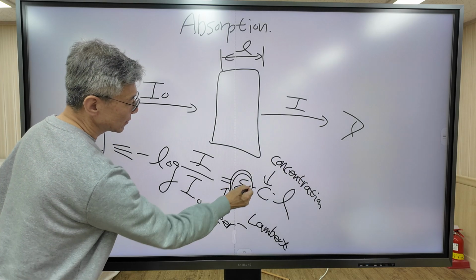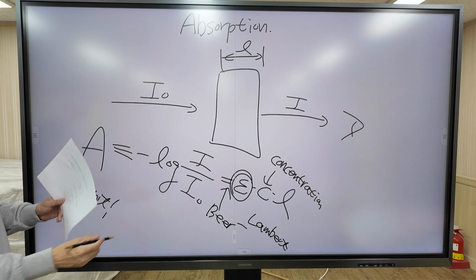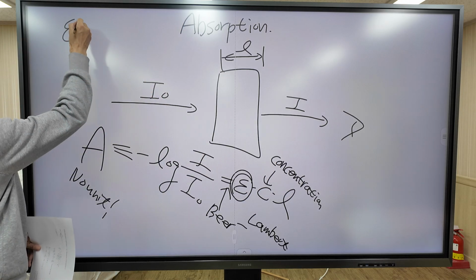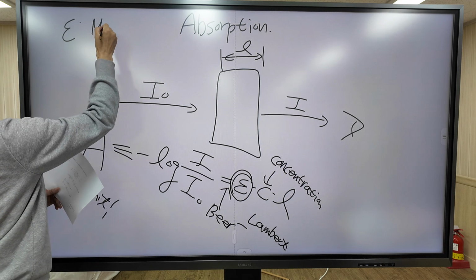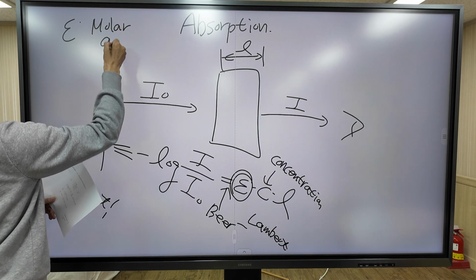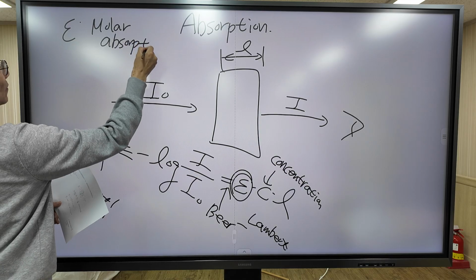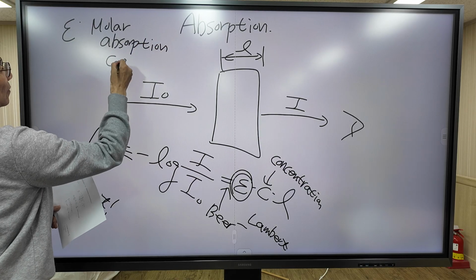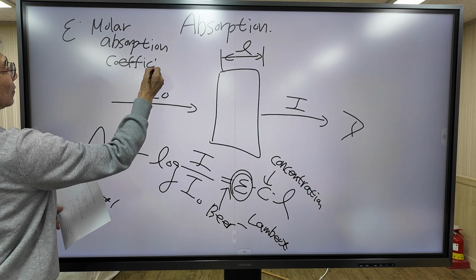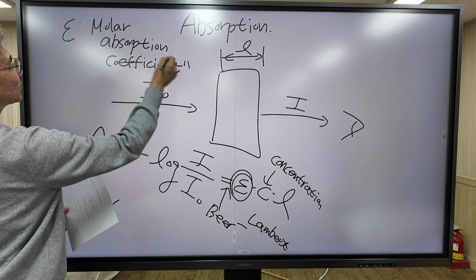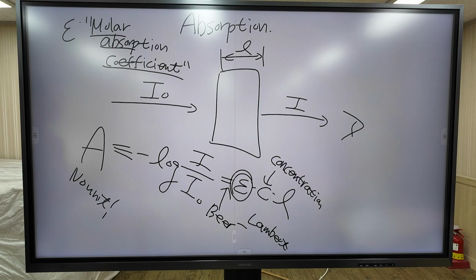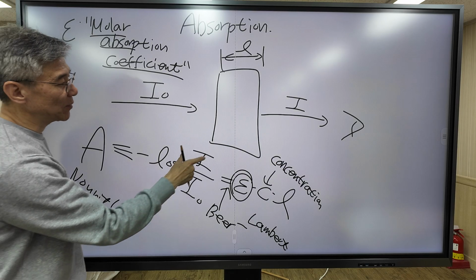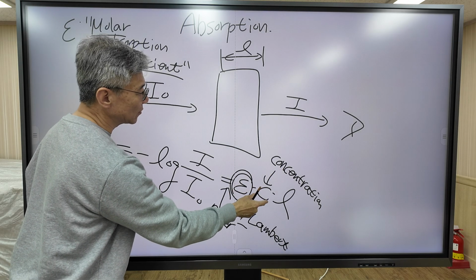Epsilon is the molar absorption coefficient. The molar absorption coefficient accounts for the fact that different molecules absorb light to different extents under the same condition, the same path length, the same concentration.